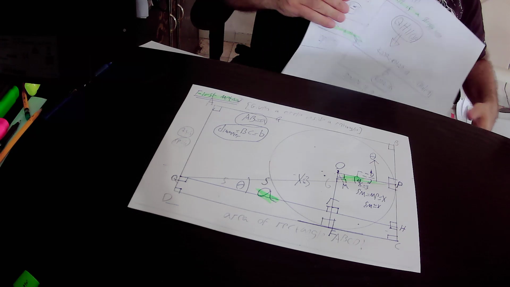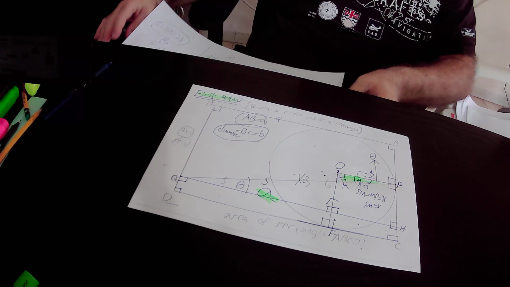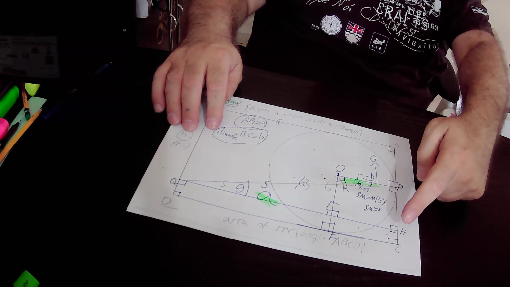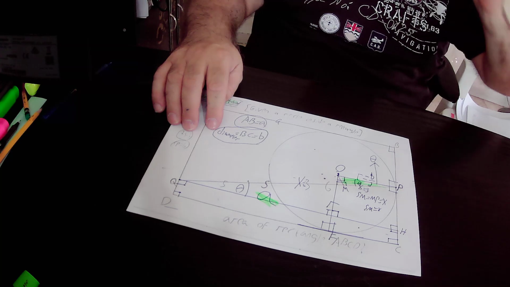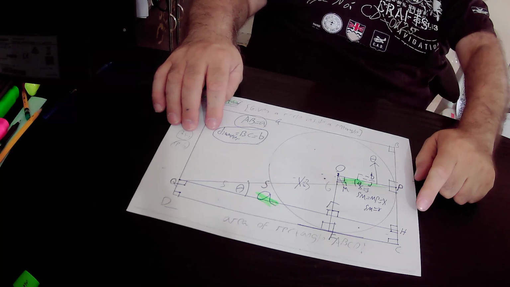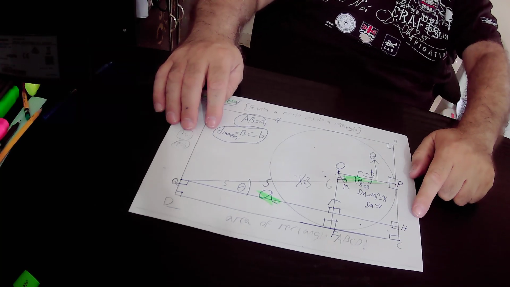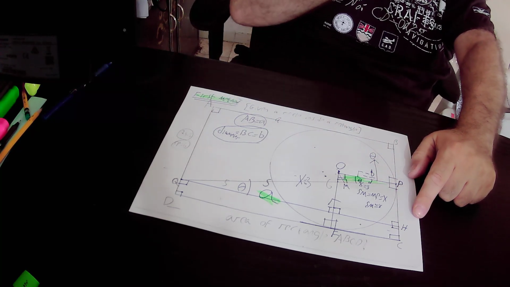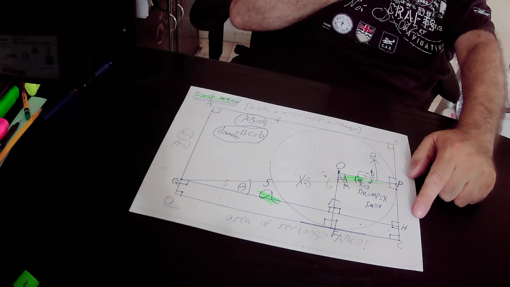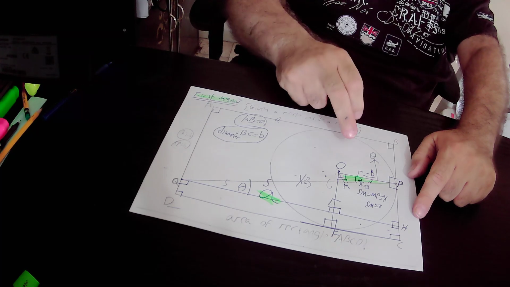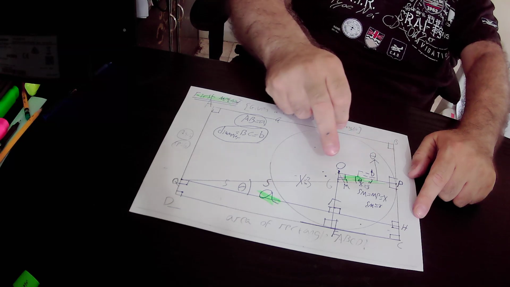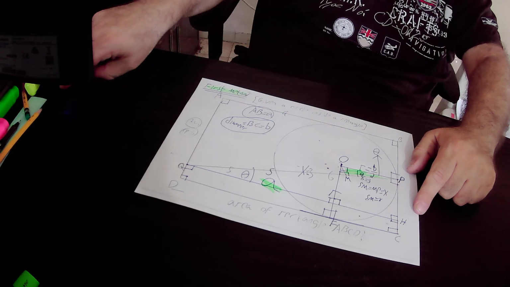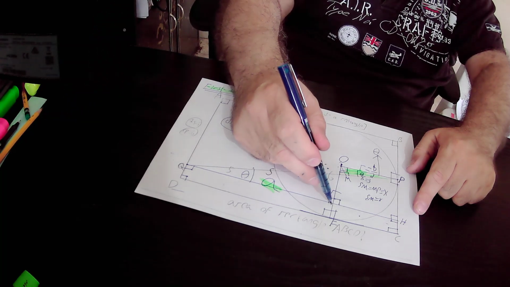Okay, then from point Q, we draw a perpendicular to BC, so this angle equals 90 degrees, and this angle equals 90 degrees according to our construction. We define the touching point of the perpendicular from point Q and BC as H. Here we created quadrilateral OPLH.